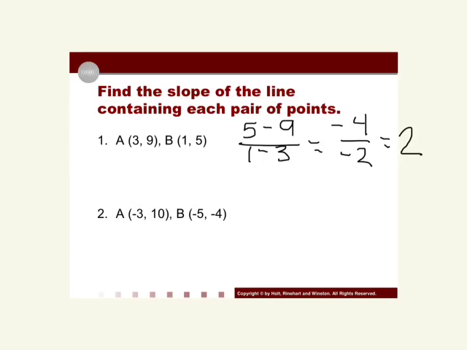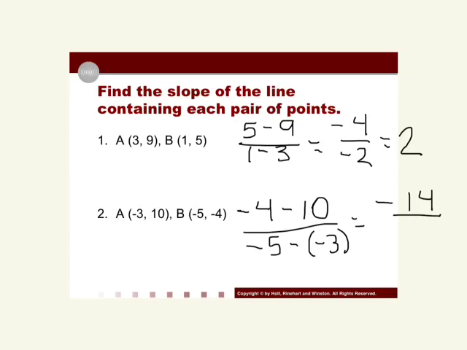Now for the second one, our second y, which is 4, minus our first y, which is 10, over our second x, which is -5, minus our first x, which is -3. So that would be a -14 over... or you can keep change.